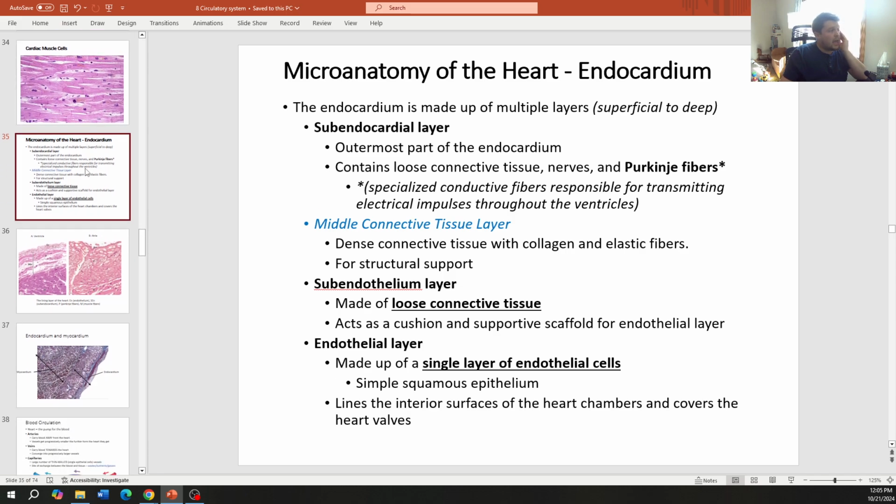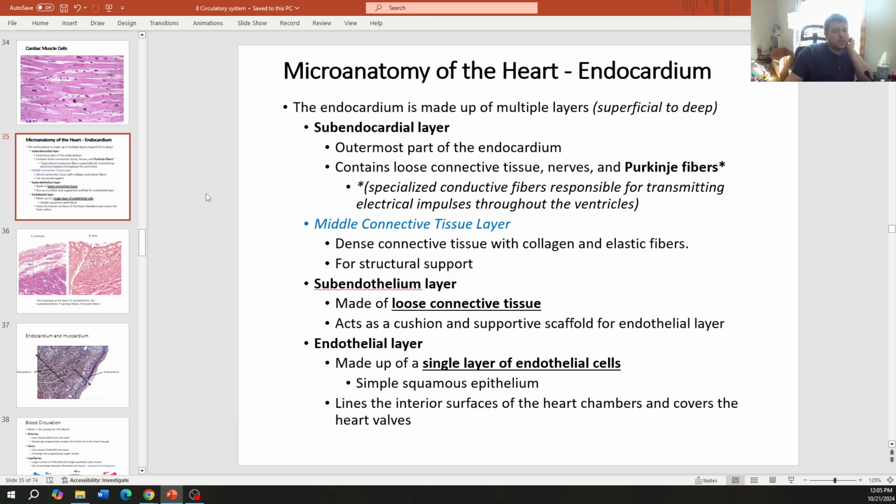Finally, the endocardium. Endocardium, again, has multiple layers. So we're going to go superficial to the deepest layer. We have the subendocardial layer. It's the outermost layer. This is where we have loose connective tissue, we have nerves, and we have Purkinje fibers.